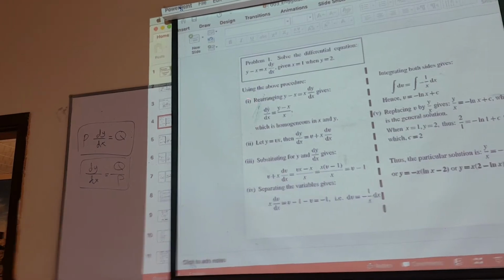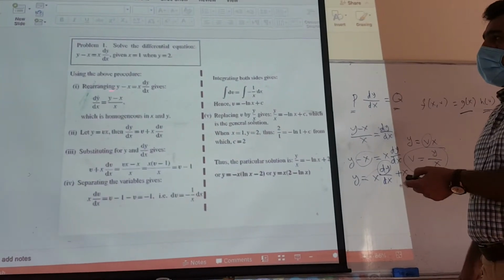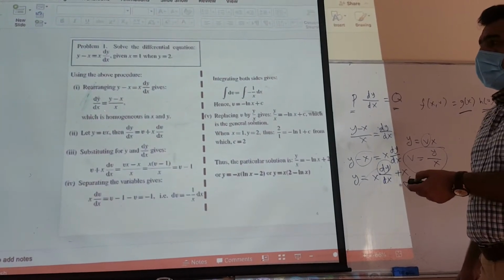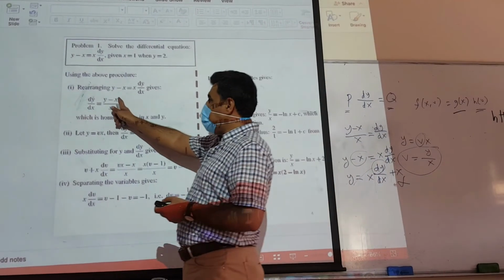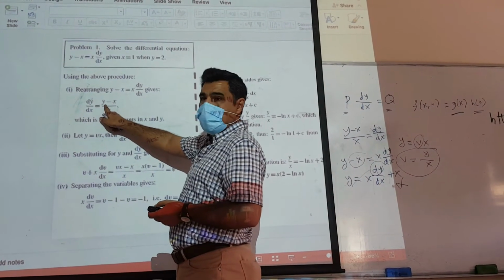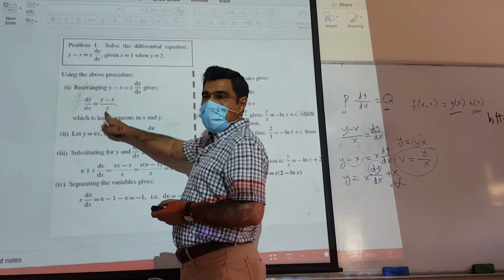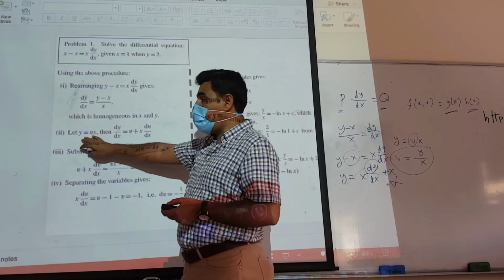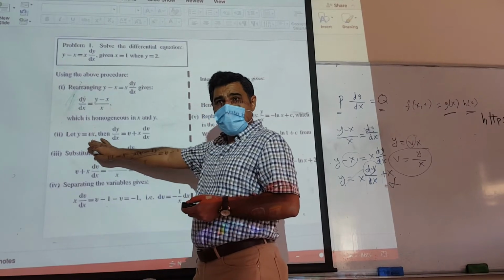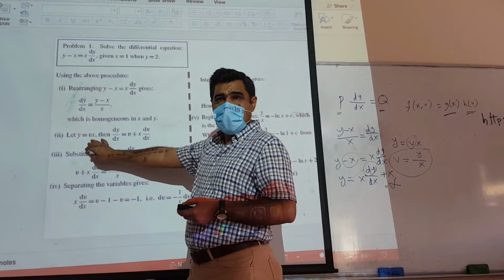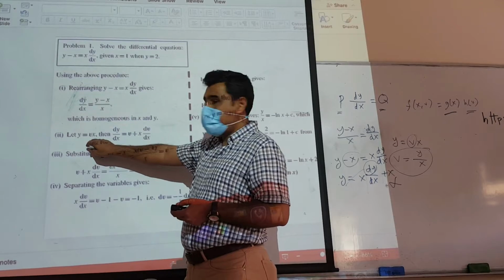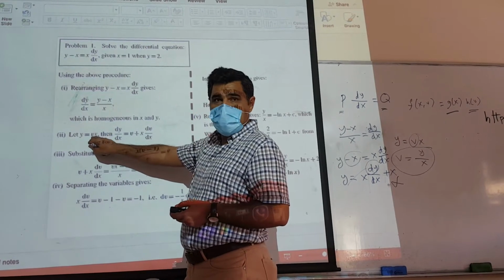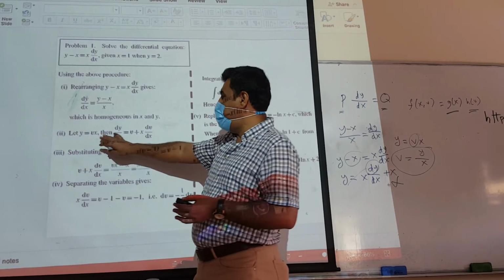Now, here we rearranged. We have this equation, which in this case, the upper part is Q, the lower part is P, okay? Now, we introduce the relation between x and y: y is equal to Vx. This is an assumption.